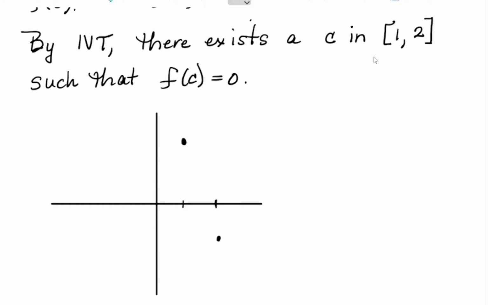And so our function has to travel from one point to the other point continuously. So hence, there's some value c, and f of that c is equal to 0. And that concludes the use of the intermediate value theorem.